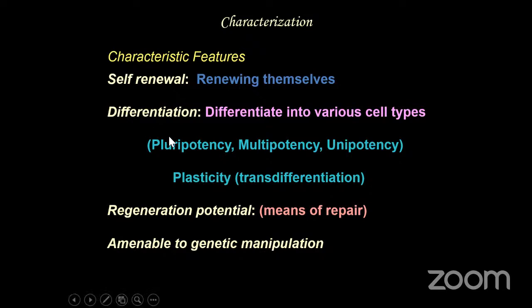And differentiation, as I have already mentioned, can be pluripotent, multipotent, unipotent, and they can also transdifferentiate, especially in adult cells. They also possess regeneration potential, as I gave the example of liver. That is a means of repair in the adult body.